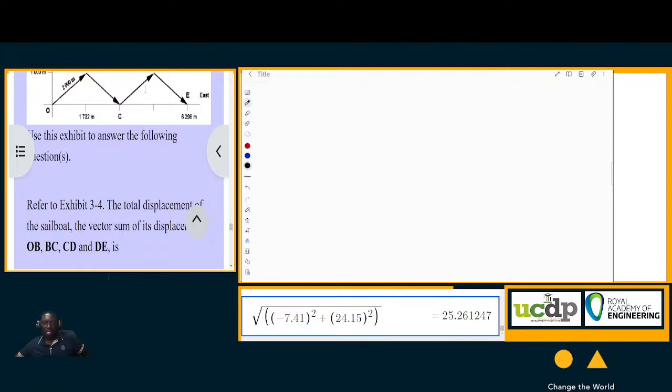You can just look at that diagram and give the answer. It's possible. OE isn't a difficult thing to find there.